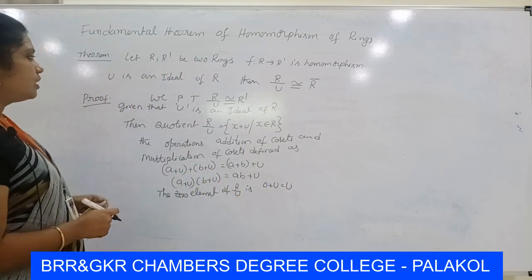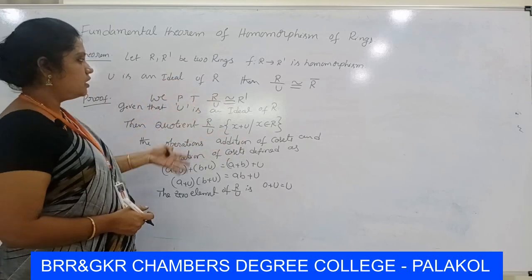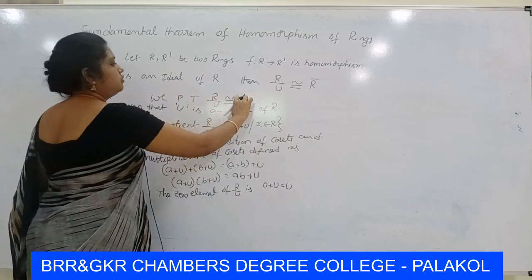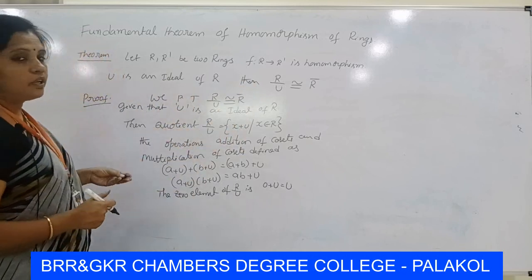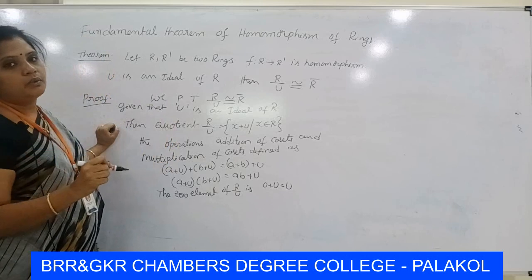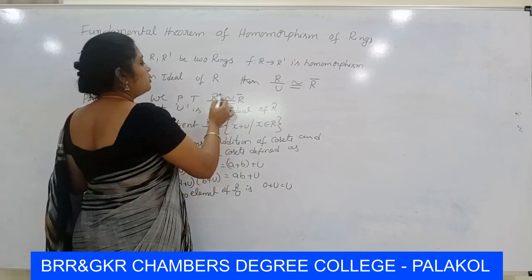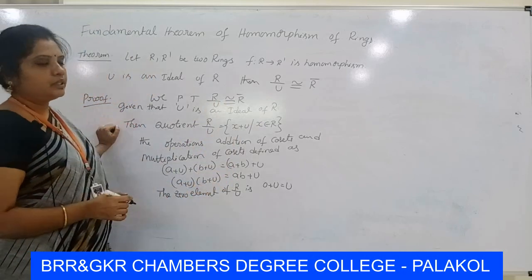Now we define a mapping from R by U to R bar. Then we have to prove that the mapping is one-one, onto homomorphism. Then it will be an isomorphism. Then we call R by U isomorphic to R bar.